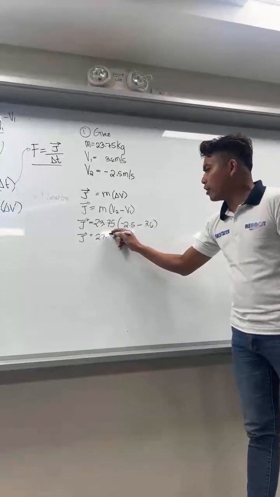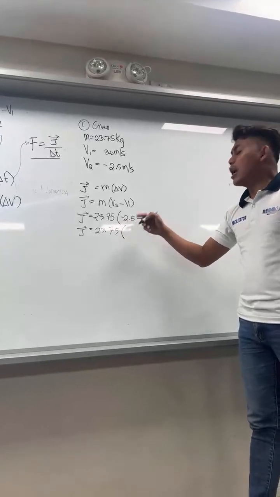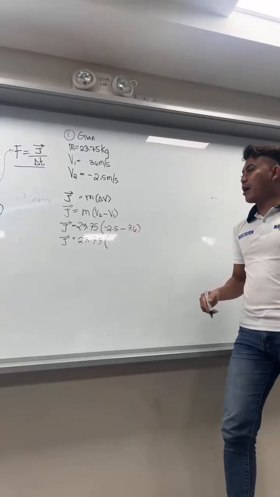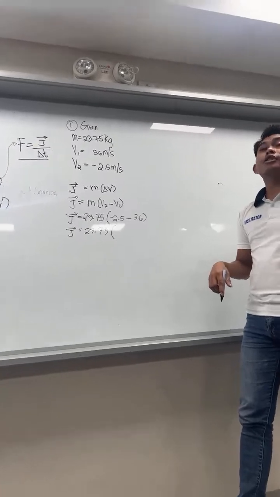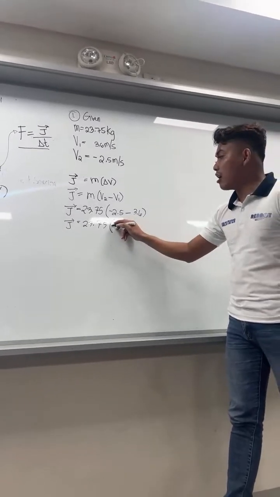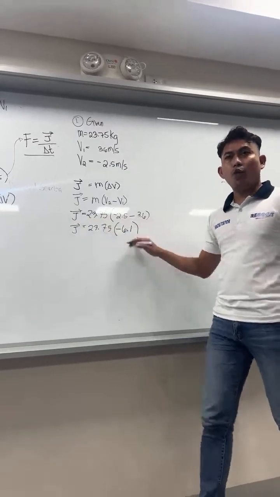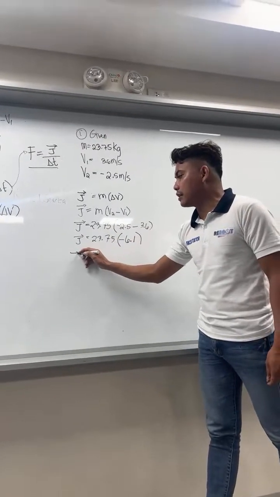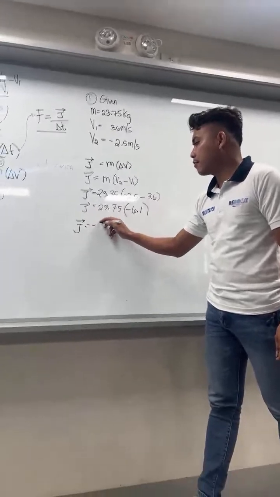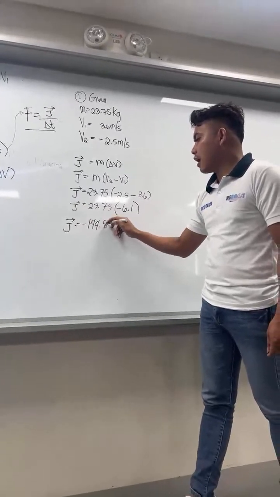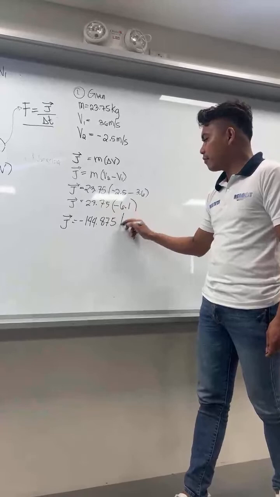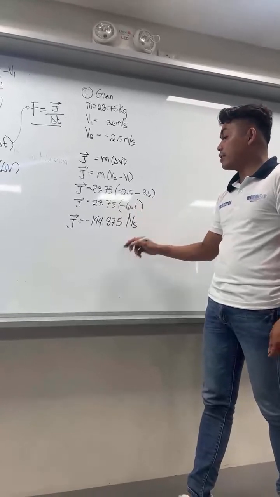So 23.75 times negative 2.5 minus 3.6, negative 6.1. Multiply nyo. What's the answer? What's the impulse? Negative 144.875. The unit? Newton second.